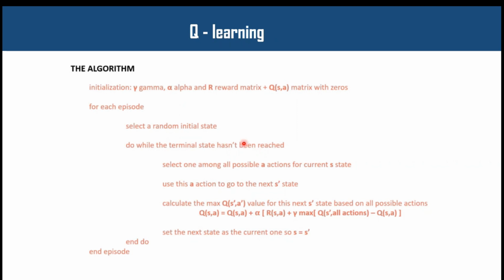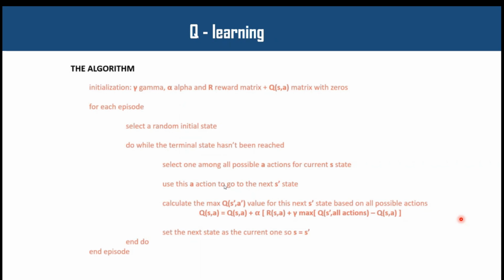So it cannot reach it in the first step. It has to move through all possible actions A, taking one action at a time. For the current state, it uses this action to go to the next state. So that's what we have discussed. And while it is moving from one state to another, the Q value will be updated on the state, and then S equals S prime.